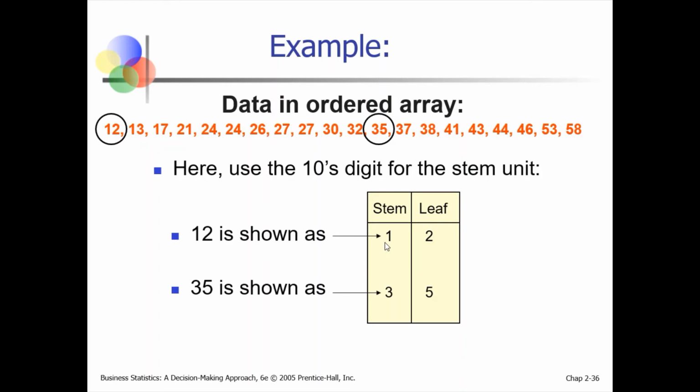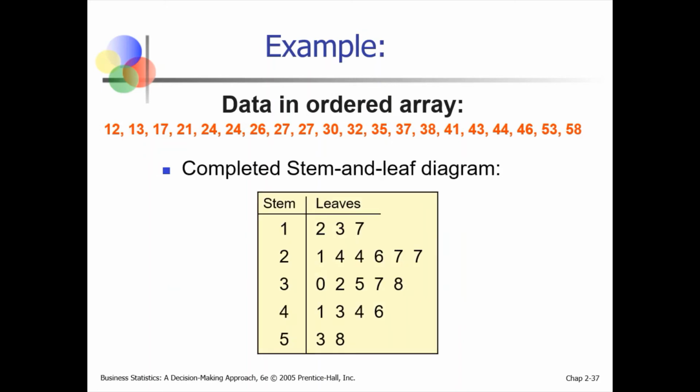So for the leading digit 1, for example 12, 13, 17, they fall under stem 1 with leaves 2, 3, and 7. In this example, the leaf is 2 and the stem is 1. For 35, the stem is 3 and the leaf is 5. That is how it groups data.